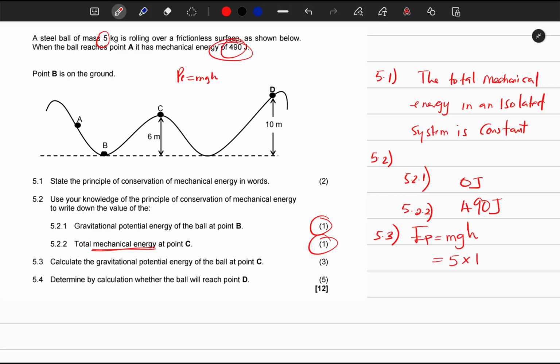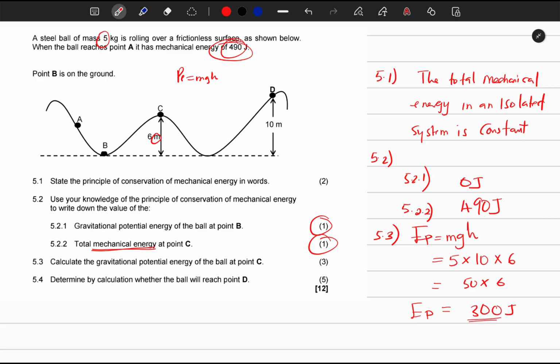Gravity, we are going to use 10 in our case. Gravity is usually given in the paper, don't worry. The height is 6. Distance should always be in meters. Take note of that. So this is 50 multiplied by 6. So my potential energy is just 300 joules.